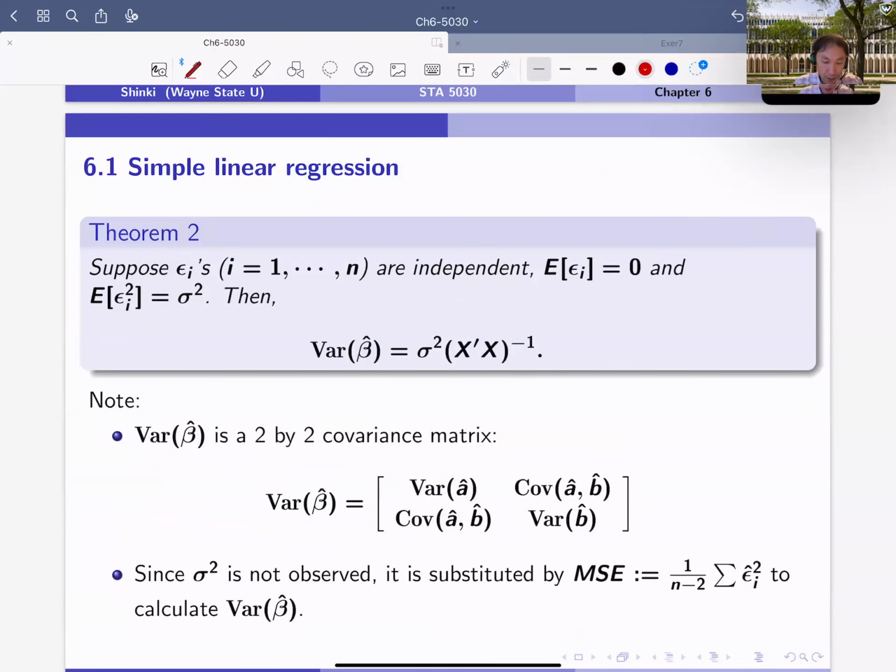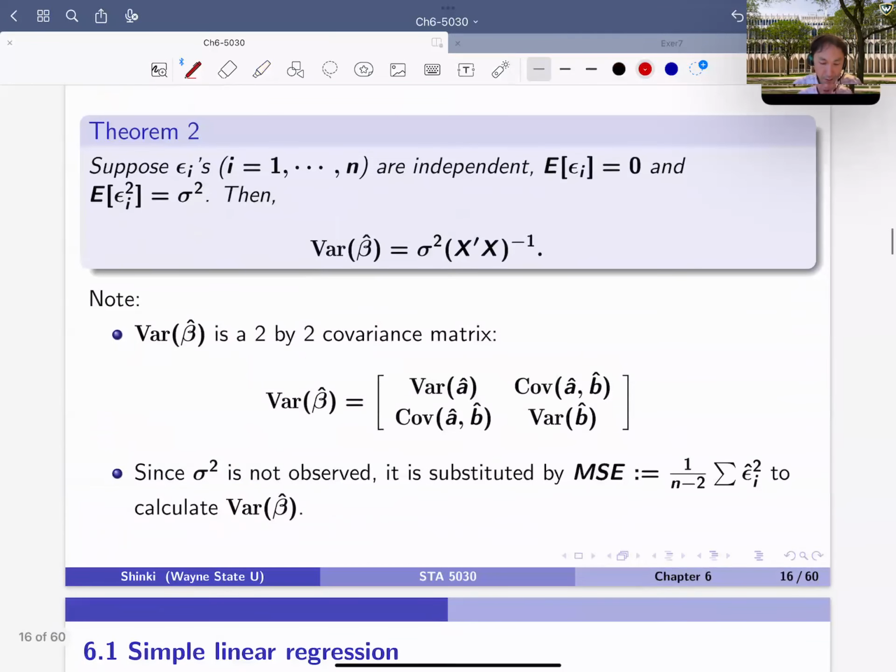And this theorem gives the variance of beta hat. So the variance of beta hat means the covariance matrix of beta hat. Some people say variance-covariance matrix of beta hat. So the 1-1 entry is the variance of a hat, or you can say this is the covariance of a hat and a hat. So this special covariance is called variance.